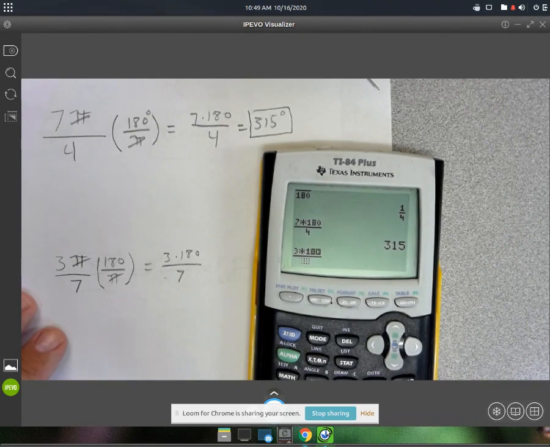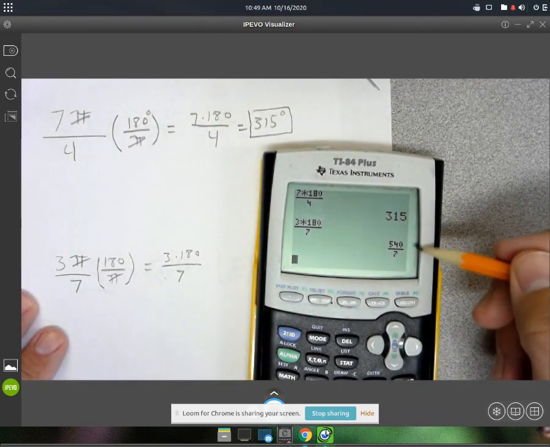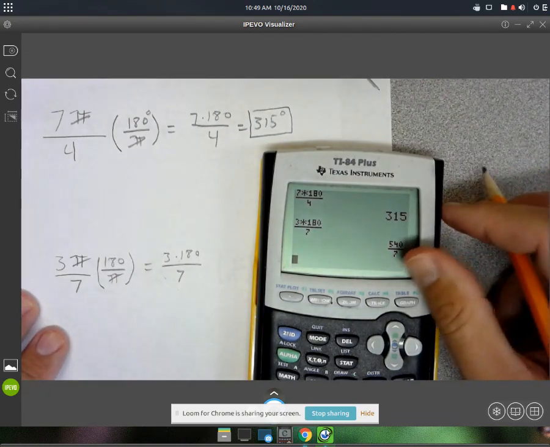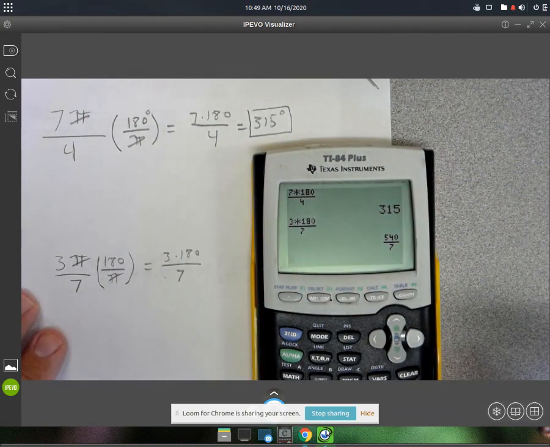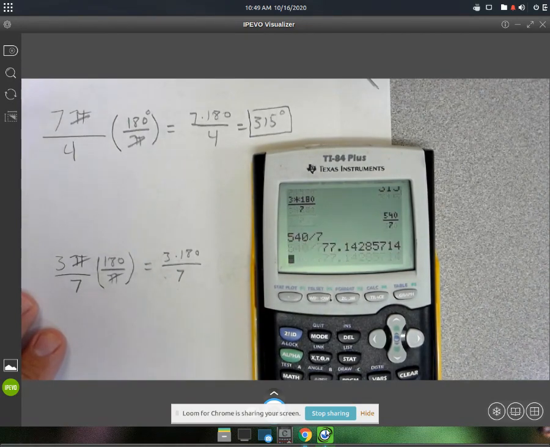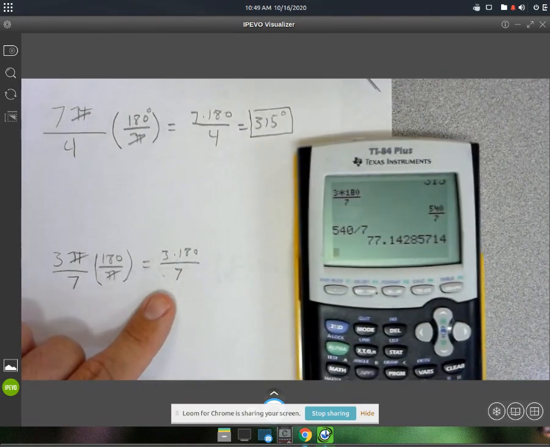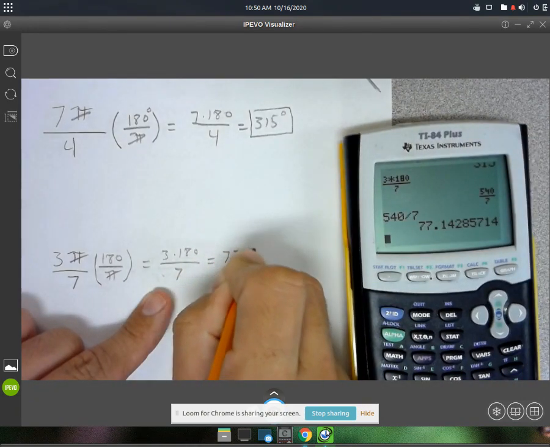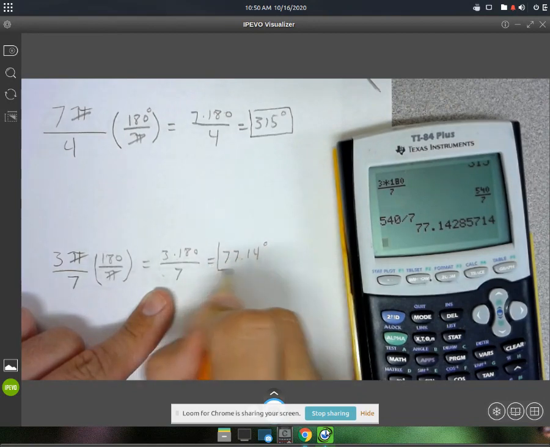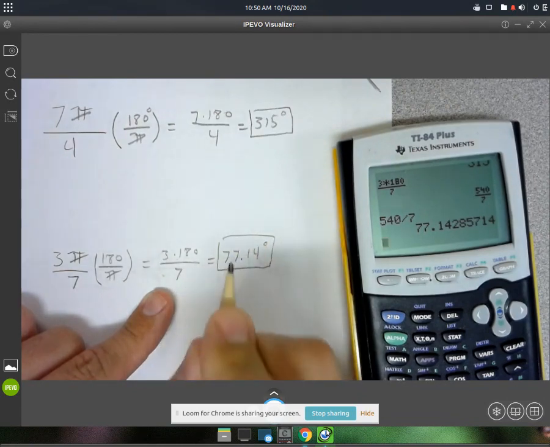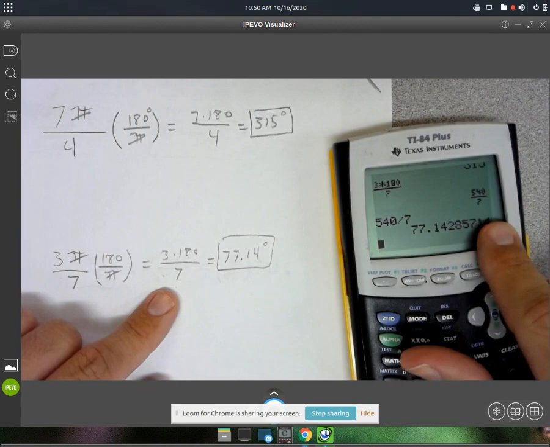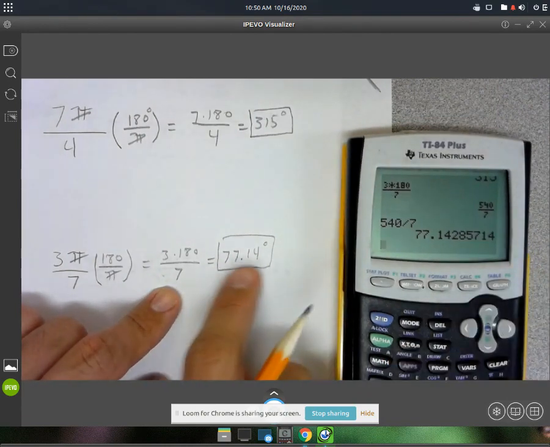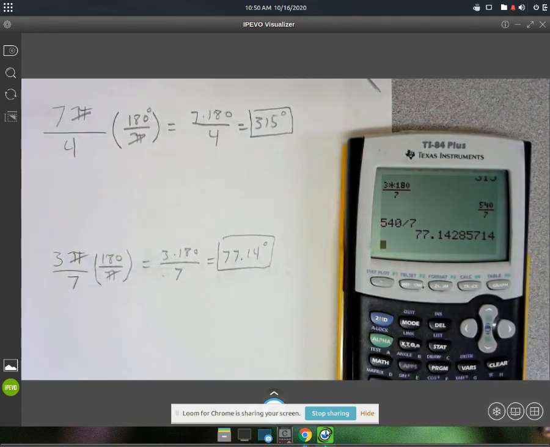And it gives us our answer as a fraction. Typically, you'll want this as a decimal, so just do 540 divided by 7, and this gives us 77.14 degrees. Most people aren't going to say 540 over 7 degrees. They're going to say the answer as a decimal.